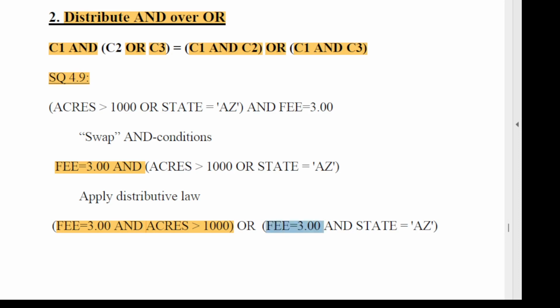Fee is equal to 3 and the second condition. Okay, take the OR and drop it between those two conditions. Again, we have generated a longer second compound condition. And if you like it or you dislike it, that's your judgment call.